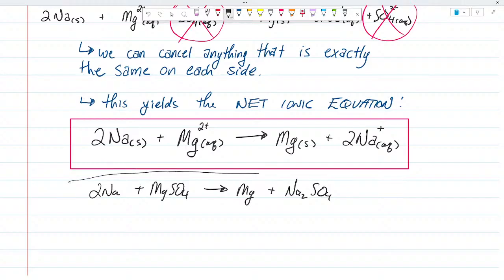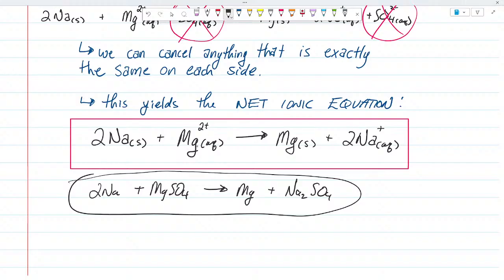When you just look at this, it implies that what happens is a swapping of partners, which is actually how we always teach it, right? That's how they teach it in grade 10. That's how I teach it in grade 11. But what's interesting is that when you actually look at what's really going on, we discover it's got nothing to do with partners whatsoever. Really what it's about is electrons. And really what it's about is who wants electrons more, magnesium or sodium?